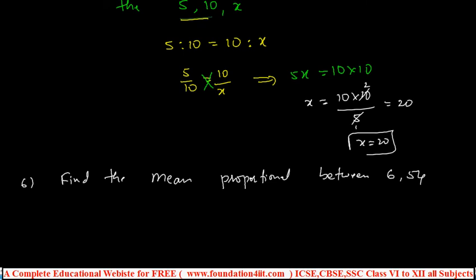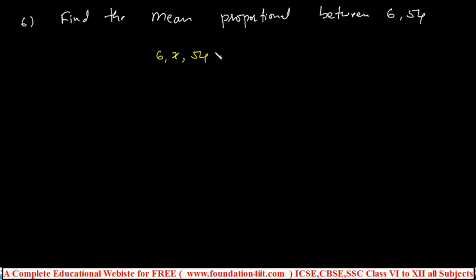Now for these types of questions, let the mean proportional be x. That means 6 comma x comma 54 are in continued proportion, because the mean proportion is in the middle. Then the first two and last two ratios are the same.